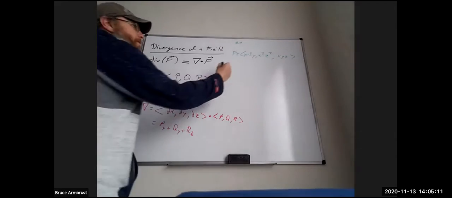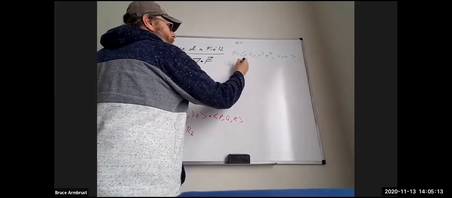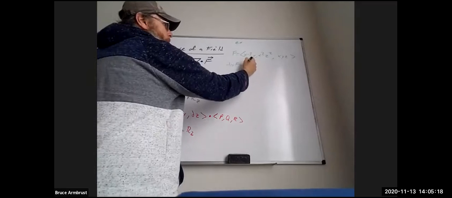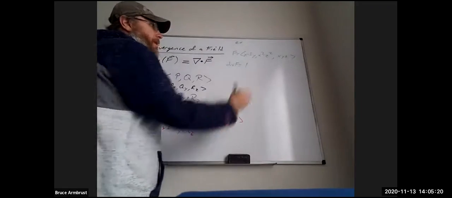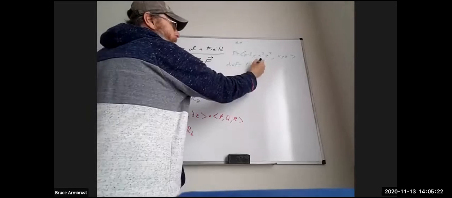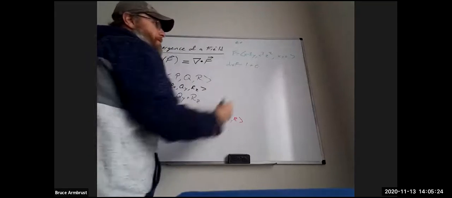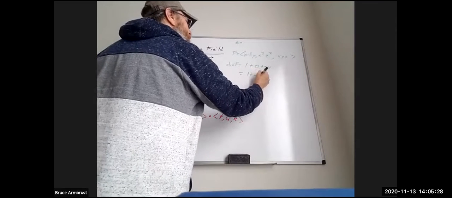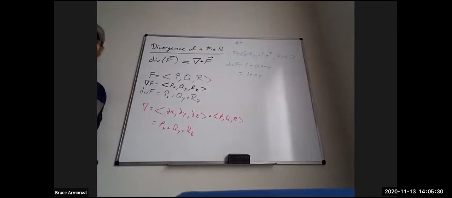If we want to find the divergence, here's all you do. You differentiate the first one with respect to x. That's 1. The second one with respect to y. That's 0. The third one with respect to z: xy. So the divergence of this field is 1 plus xy.